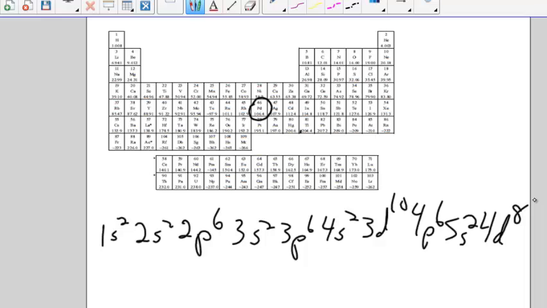And if you add those all up, all those superscripts, you will indeed get to 46. 10, 20, 30, 36, 37, 38, 39, 40, 41, 42, 43, 44, 45, 46.